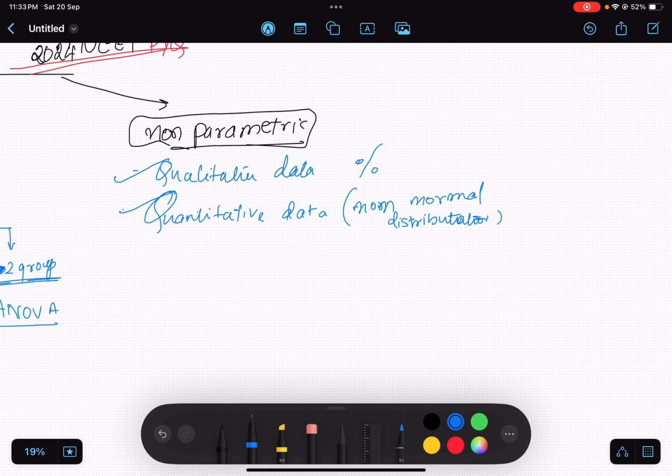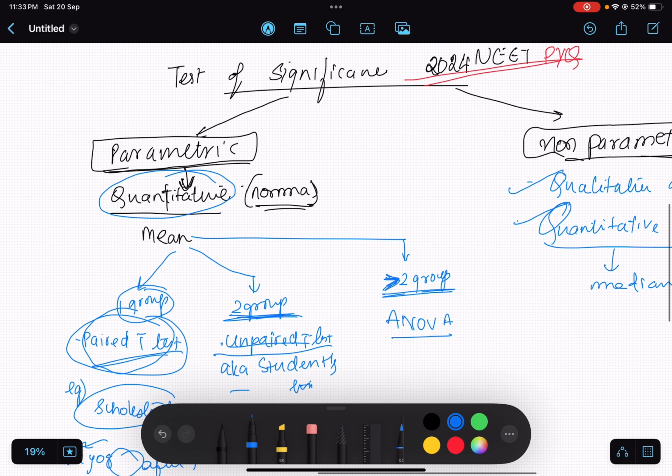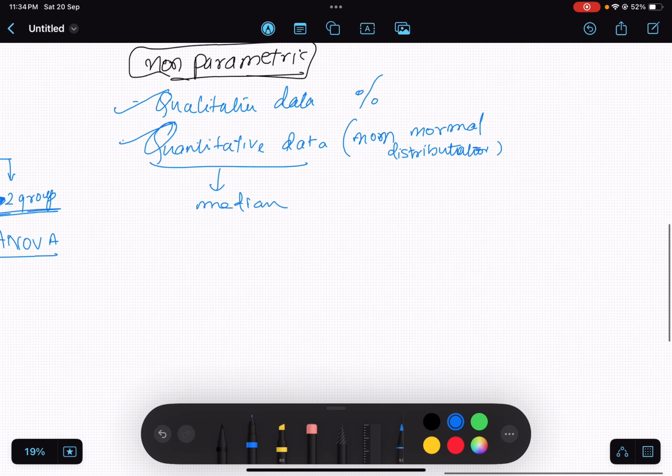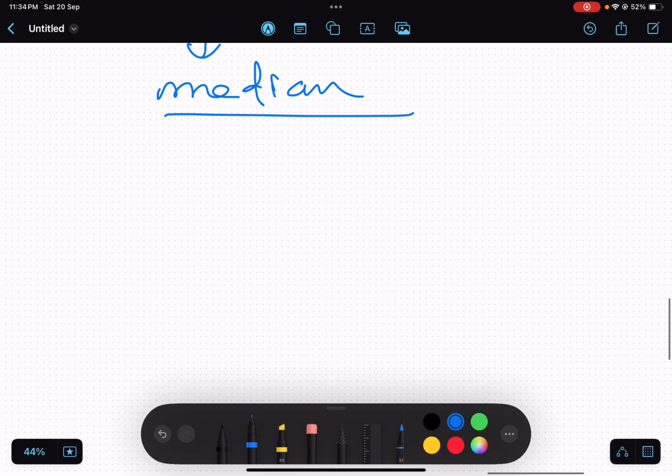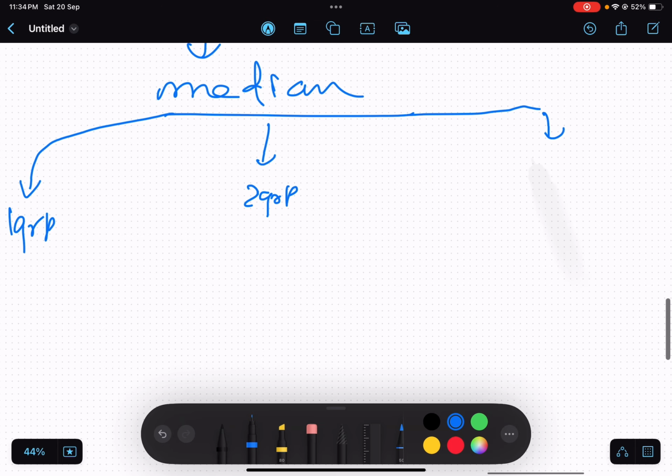Now for quantitative non-normal distribution, here you see median, whereas in parametric quantitative you are seeing mean. Again in this you have one group, two groups, and more than two groups. In parametric, more than two groups was ANOVA.